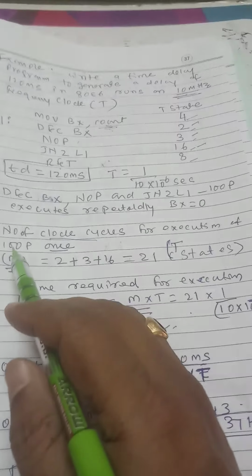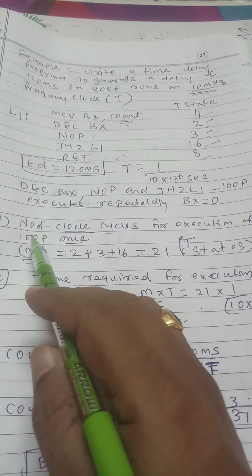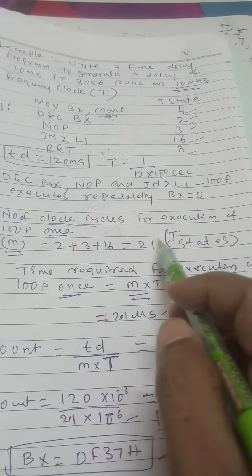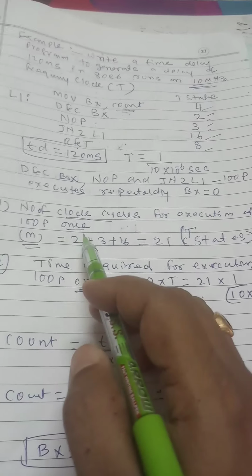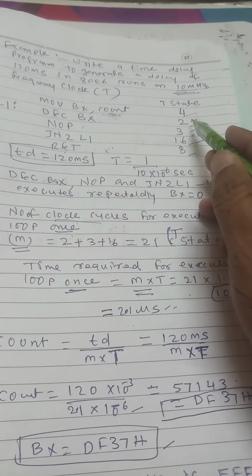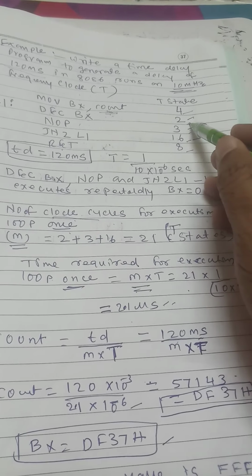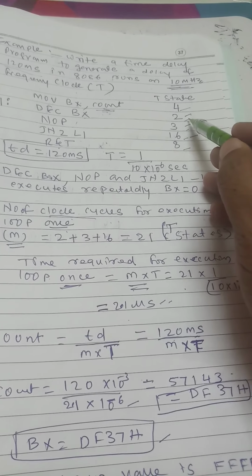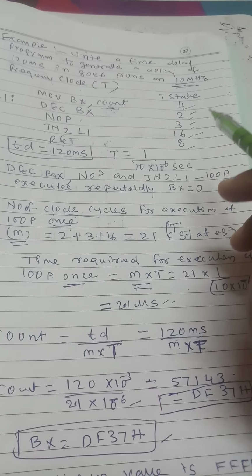There are steps here. The first step is the number of clock cycles for execution of the loop once. You have to find the number of T states used to execute the loop one time.